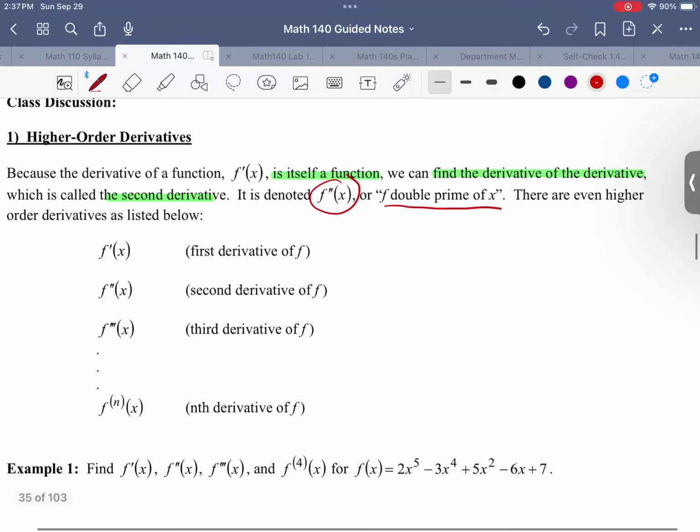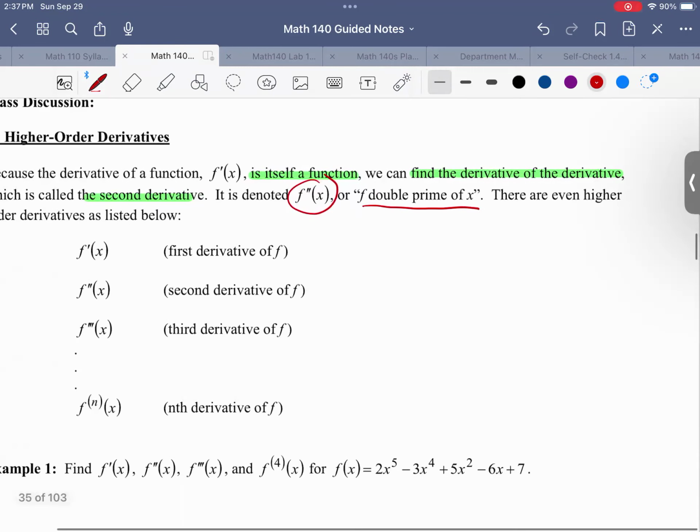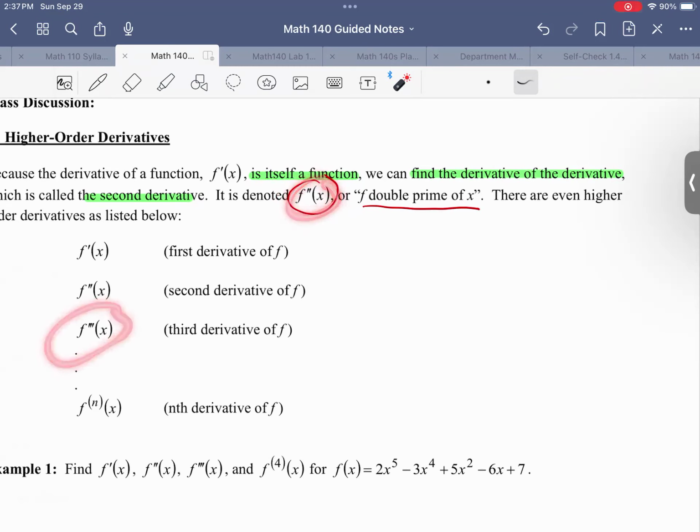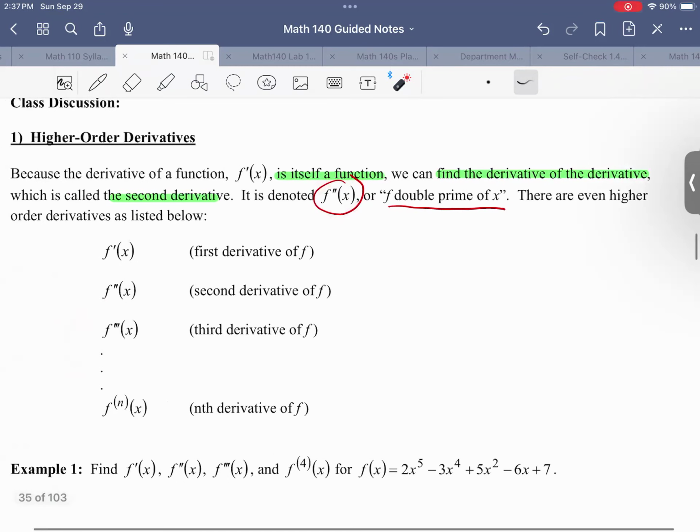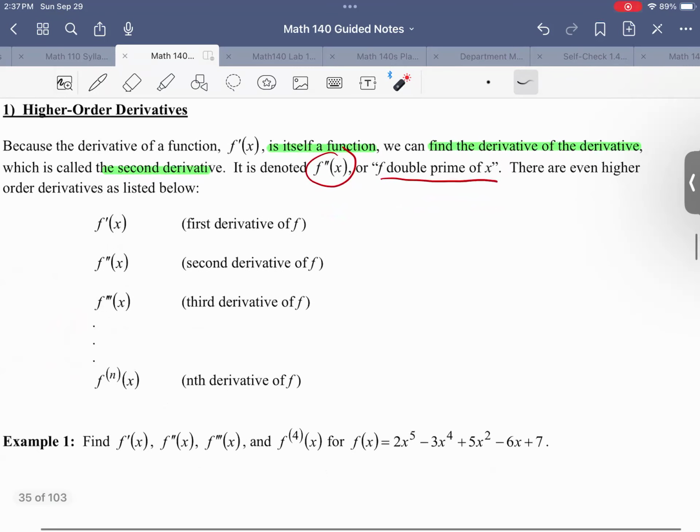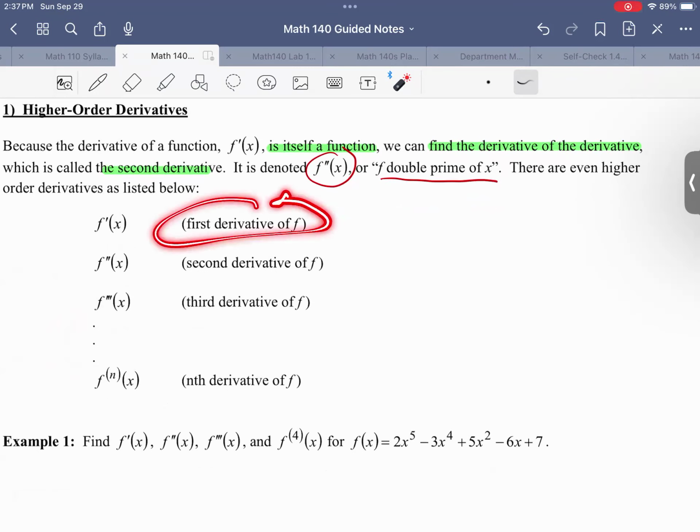If we can take a derivative of a derivative to get the second derivative, that means we can take a derivative of the second derivative and get the third derivative. So we can take an infinite amount of higher order derivatives. There's the first derivative, what we've been working with lately.